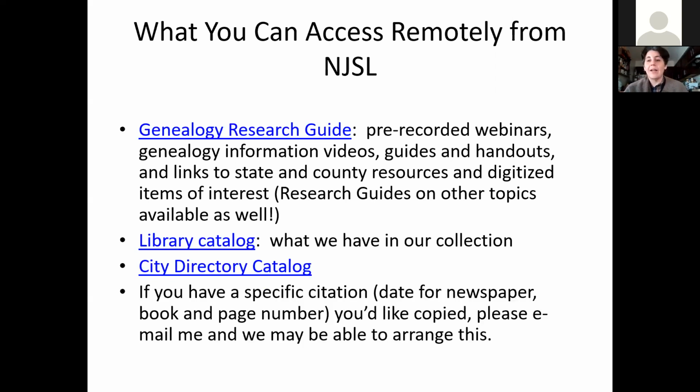And again, if you need virtual reference assistance, we are here for you, especially if you have a citation or a book you want us to check the index of, something of that nature. Please reach out to us. On the final slide in this presentation, I'm going to have my contact information plus the general reference contact information so that you can get in touch with us and we can try to help you as best we can virtually.